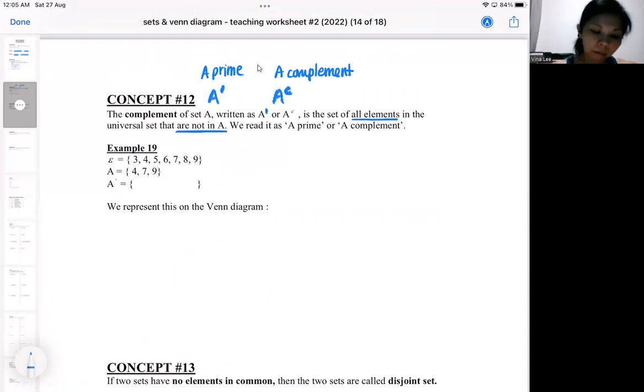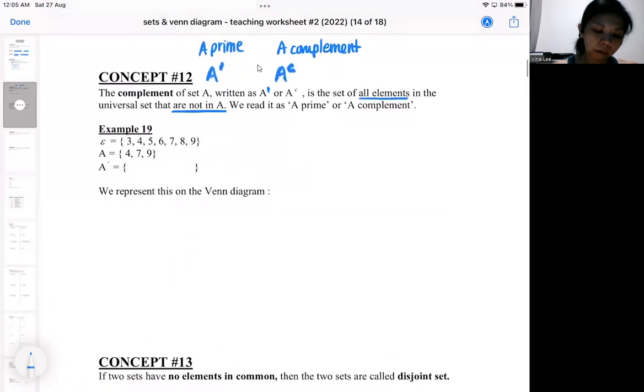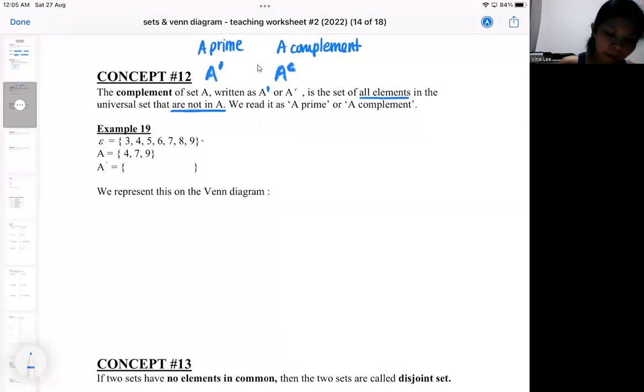Okay, if you look, this is the universal set, and set A is 4, 7, 9. So what is A prime? A prime is the elements that are not in A. So you cancel out 4, 7, 9, and you get 3, 5, 6, 8. That is A prime.